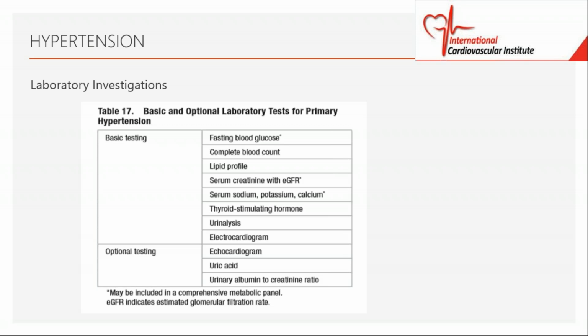So when someone comes to you for the first time and they're found to be hypertensive, it's a precise diagnosis. They're not coming to the office just once and you check the pressure and the pressure is elevated. No, there's a specific way to do it.